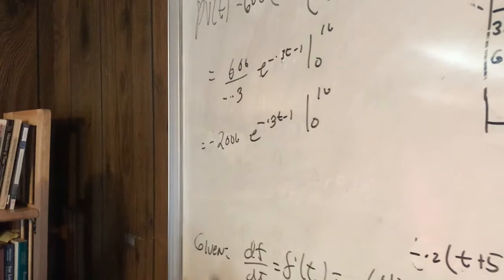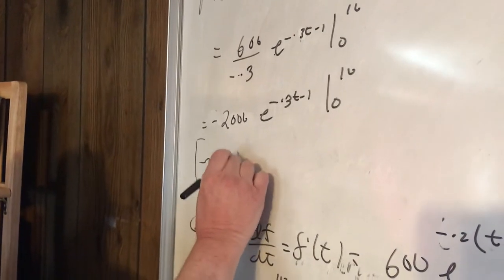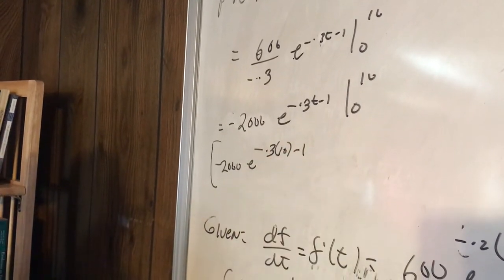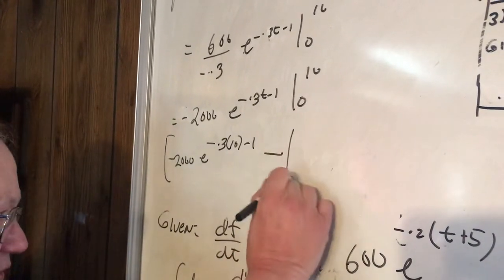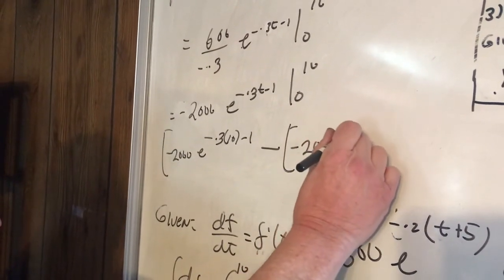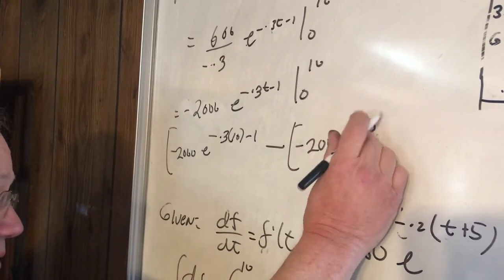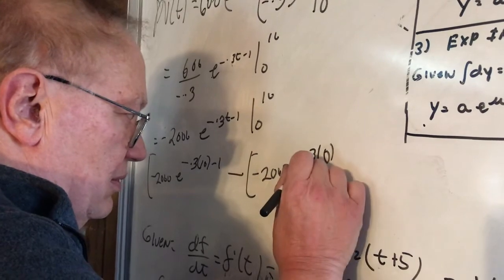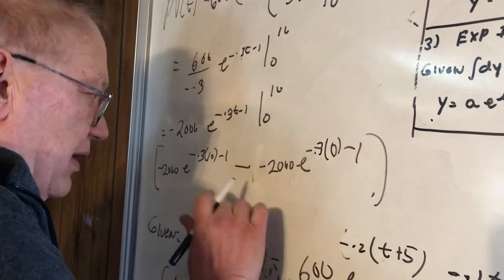Now I have to do the fundamental theorem of calculus: e to the minus 0.3 times 10 minus 1 is the exponent, subtract from that minus 2,000 e to the minus 0.3 times 0 minus 1. Minus a minus.